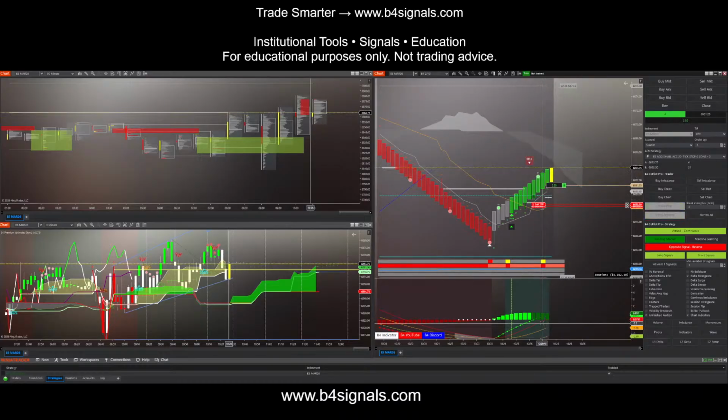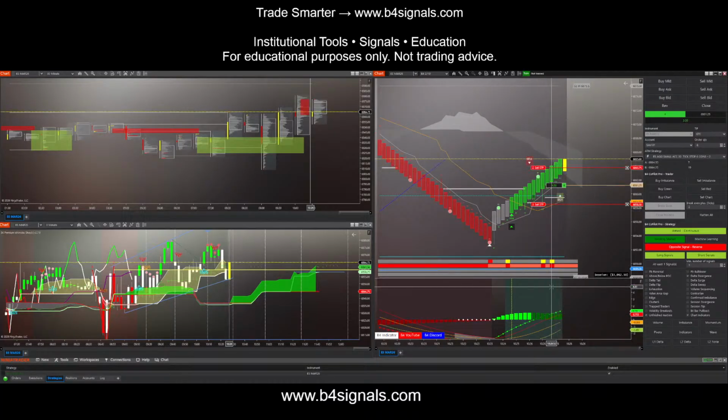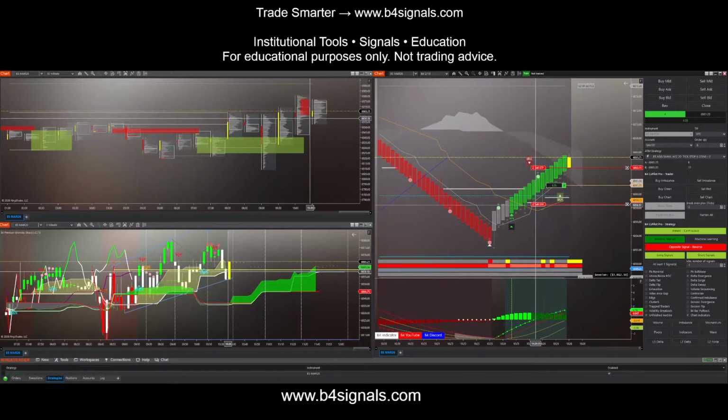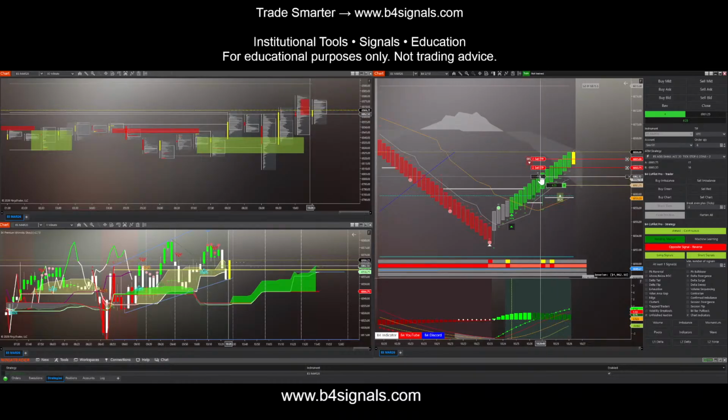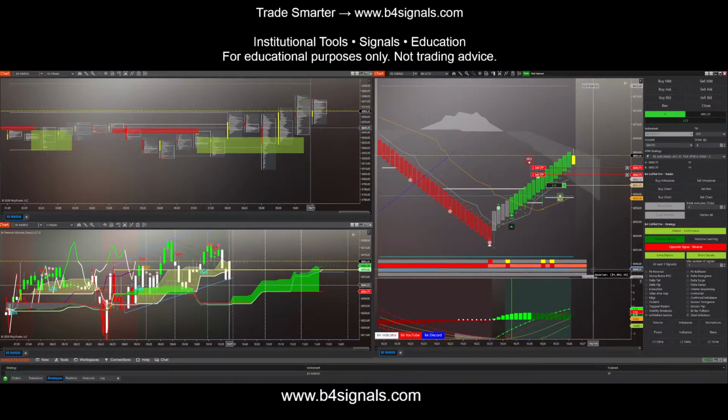Well, I understand that principle, and that applies to the majority of market participants. They have no idea what they're looking at. It's drilled in here with this lower B4 indicator and looking at those principles.